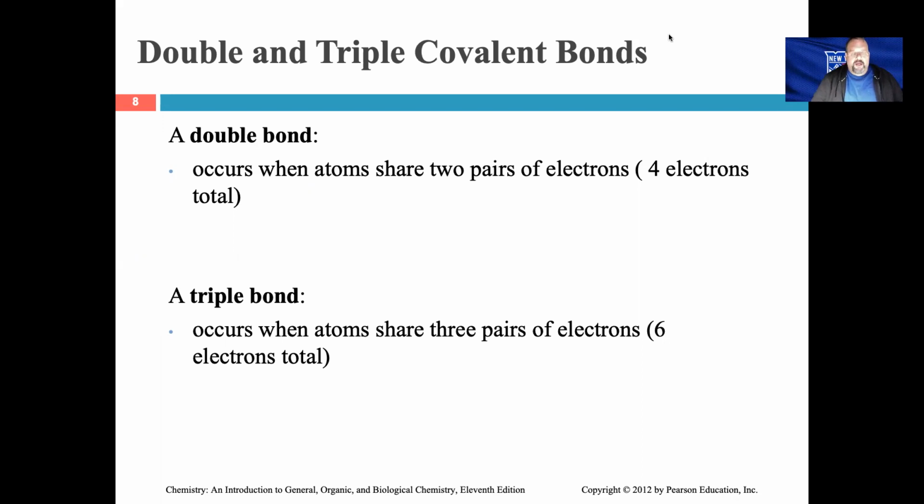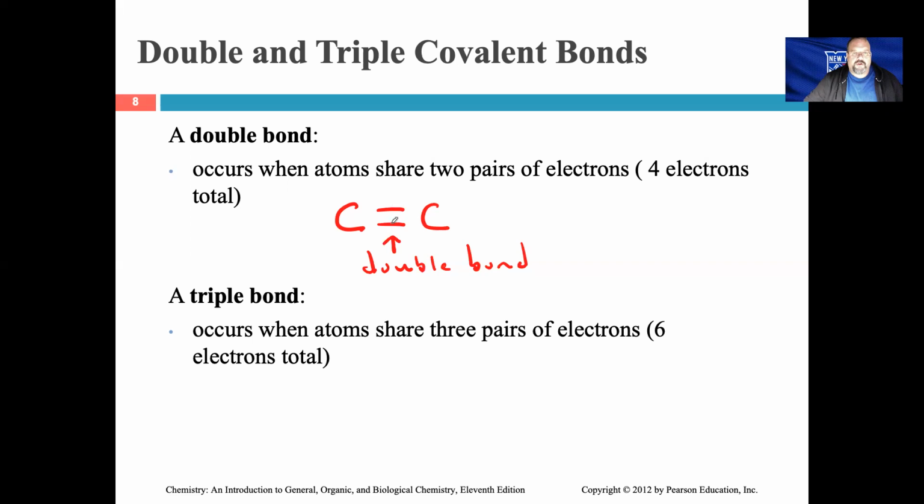So a double bond occurs when atoms share 2 pairs of electrons, or 4 electrons total. And a lot of times the way you see a double bond, and I'll use carbon as the example here, is 2 lines between the atoms, where of course each line itself represents 2 electrons.